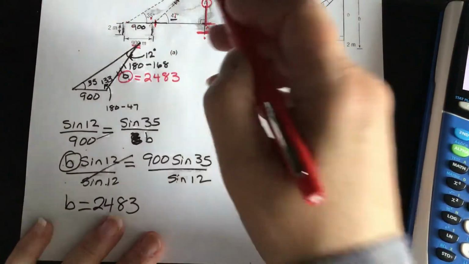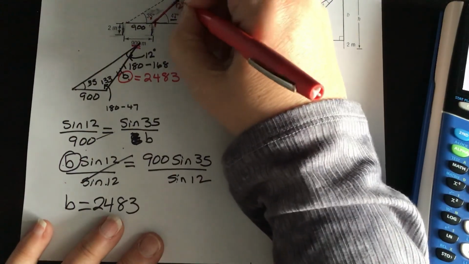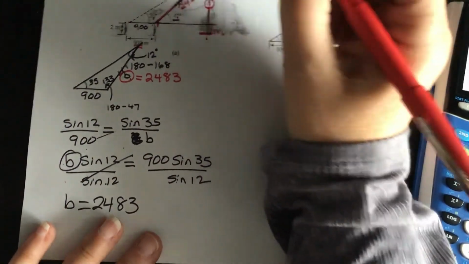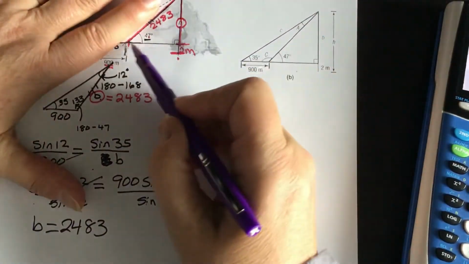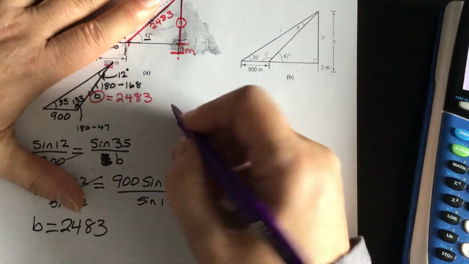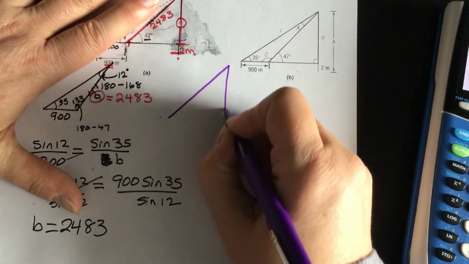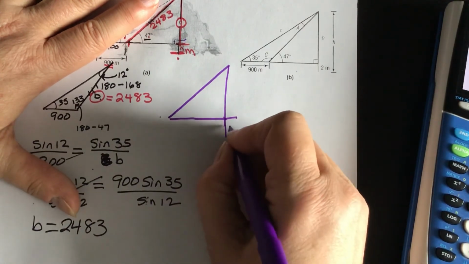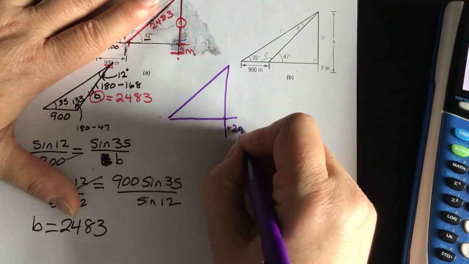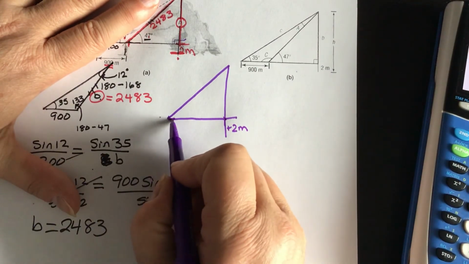Now, this side right here, 2483. And if I look at this triangle right here, I'm going to just draw that separately. And remember, this is 2 meters high before he's measuring.